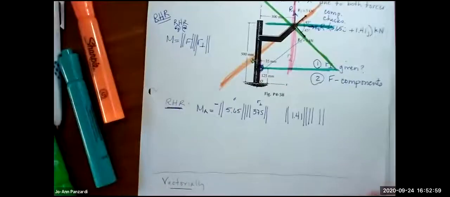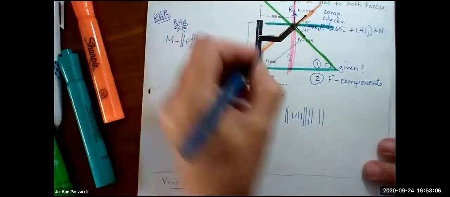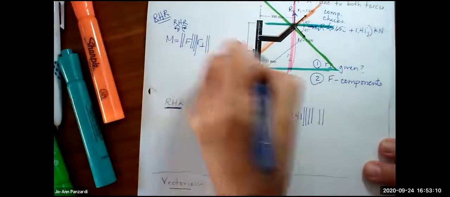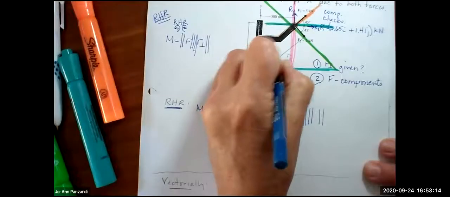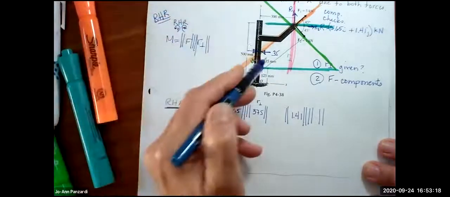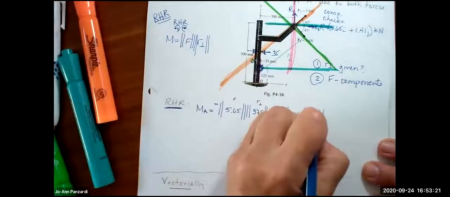Boy, even all my photocopies are crappy. Let's just say that it is this from here. You could see that, right? Yeah. It is 35, so it would be 300 minus 35. So that's 265, right? Right.